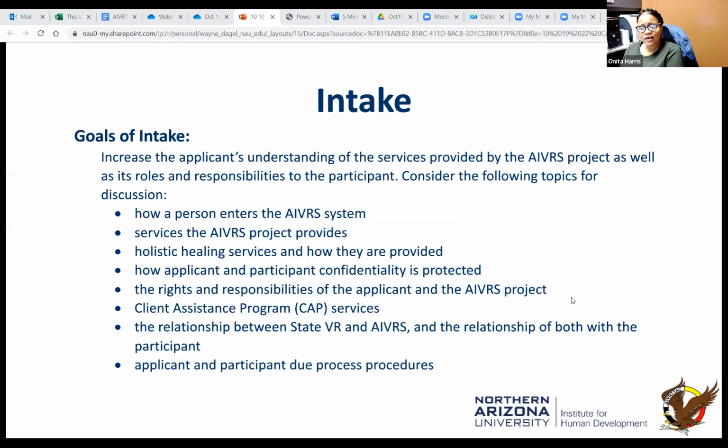And of course, establishing if they've ever applied for services with the state VR program, and if they have, what that joint collaboration may look like between tribal VR and state VR, and what is required of that participant to be able to have those joint services and things like that. So processes, policies, procedures, and those type of things are all also discussed during the intake process. And next slide.